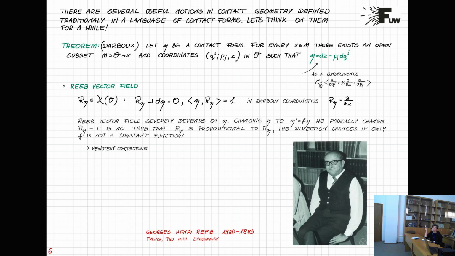So for compact contact manifolds, we have a conjecture formulated by Alan Weinstein that in each such case, the Reeb vector field has at least one closed trajectory, which means that, of course, this trajectory has to be a circle or something like that.